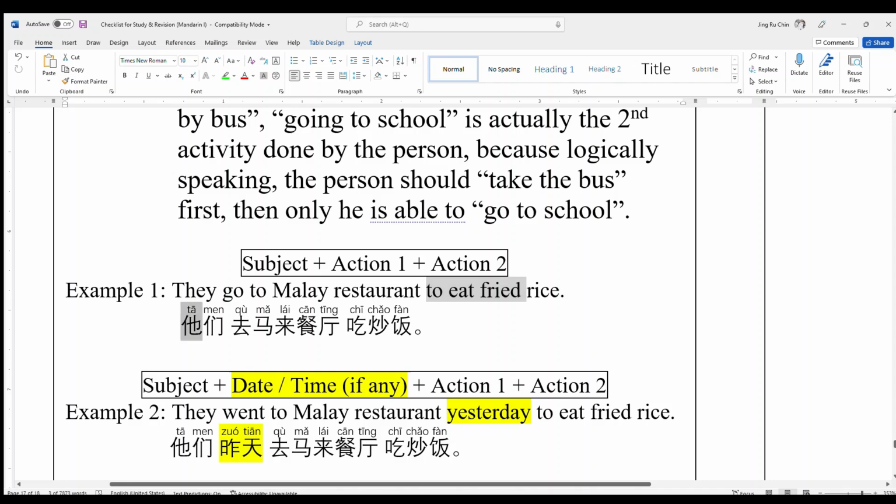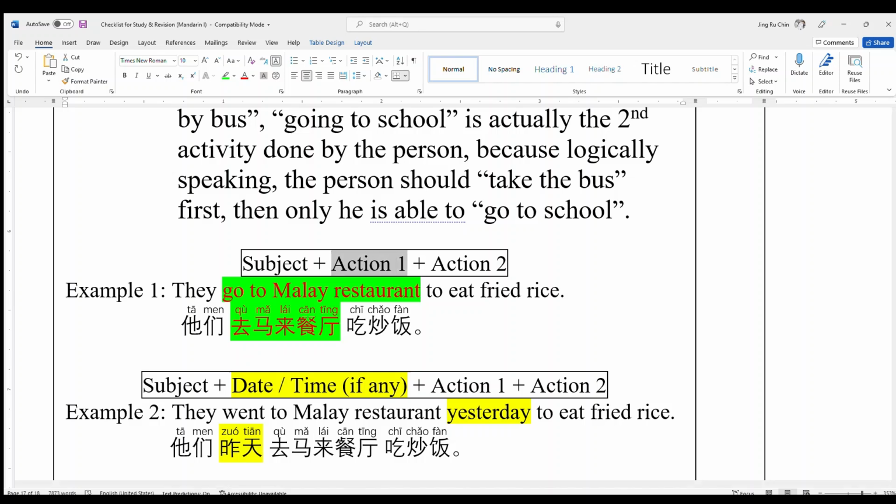So you say 他们去马来餐厅吃炒饭。So 去马来餐厅 is the first action. Go to Malay restaurant.